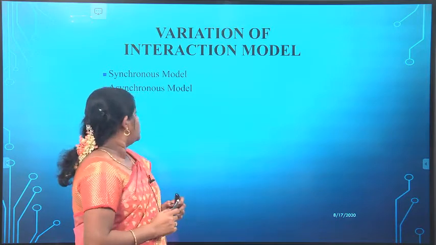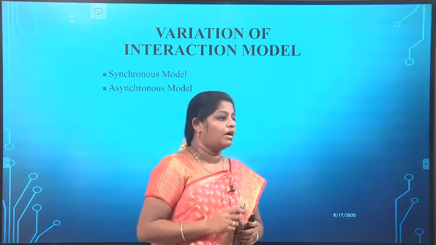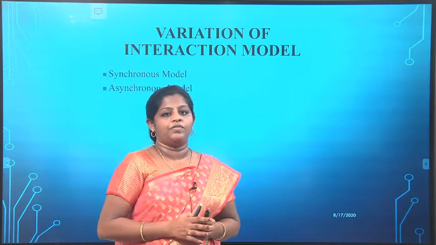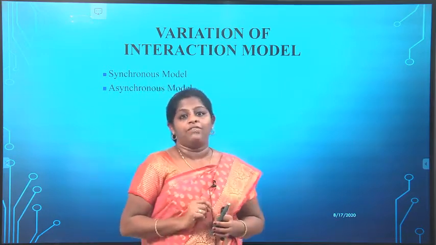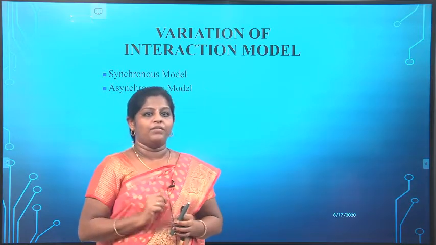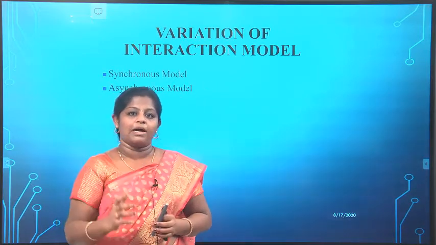First we'll see the synchronous distributed system. This is practically hard to achieve in reality. Why? Because in the synchronous distributed system, we have a time boundary, a minimum boundary and a maximum boundary.